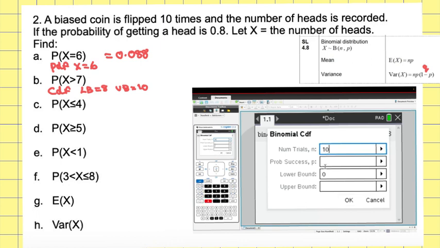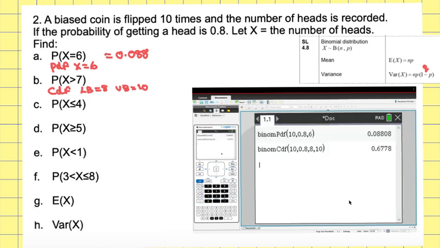So number of trials 10, success is 0.8, my lower bound is 8, my upper bound is 10, press OK, and the probability of getting greater than 7 is 0.678 to 3 significant figures. So write down the answer, which is equal to 0.678 to 3 significant figures.